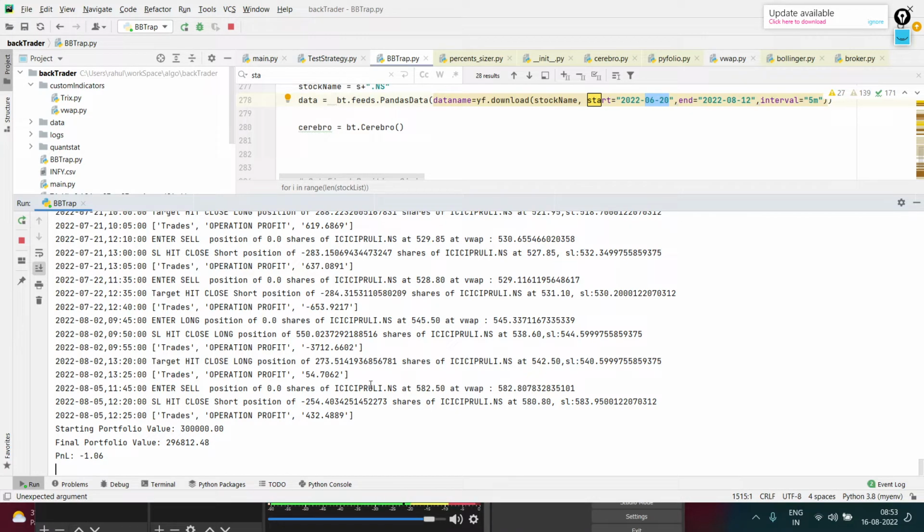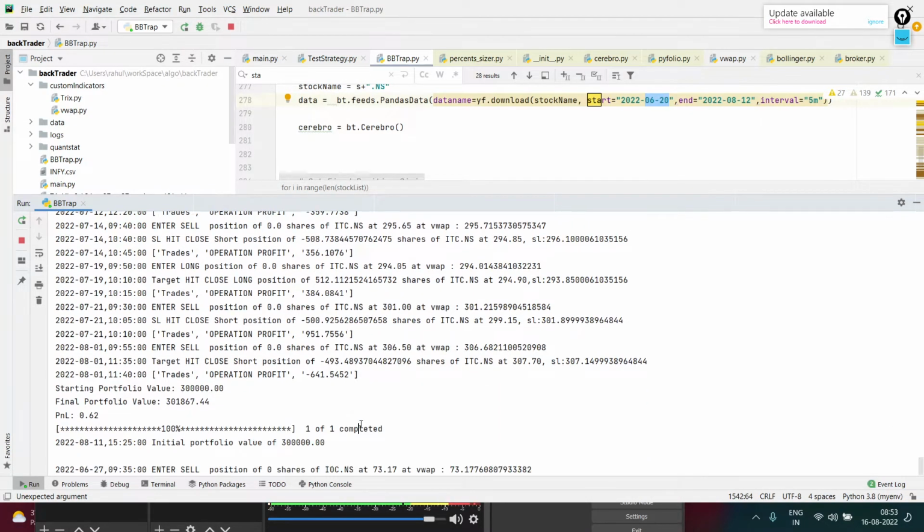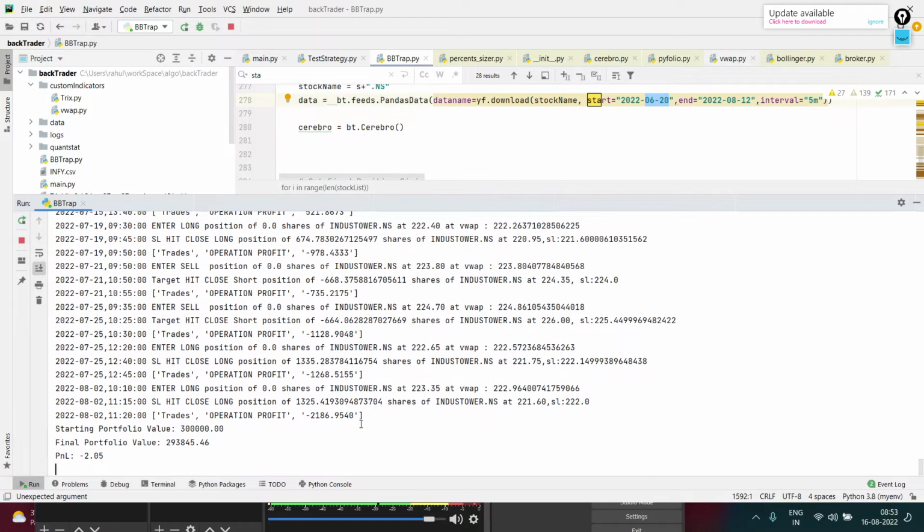Now it's on ICICI. Somehow it seems to be stuck. No, it's running. Okay, for the Indus Tower, it has given a negative 2% return.